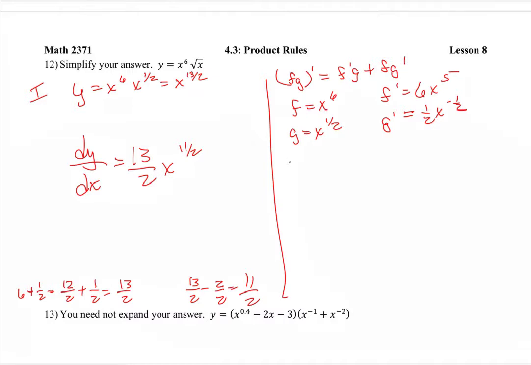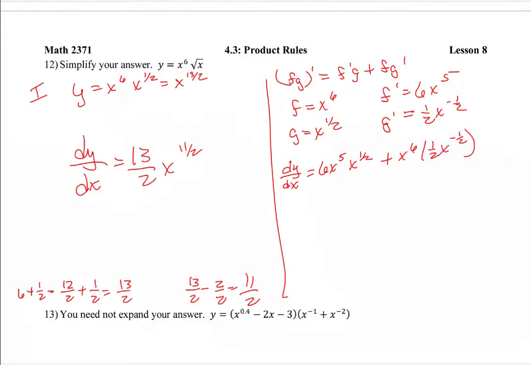So then dy/dx equals 6x to the 5th times x to the 1/2, plus x to the 6th times 1/2 x to the negative 1/2.